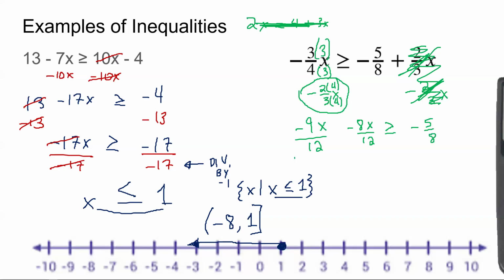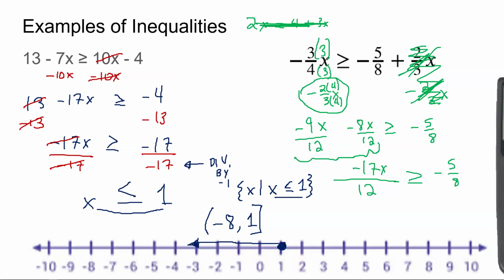Okay. I need to combine these two fractions. We already got a common denominator, so that common denominator is 12. Going across the top, I got negative 9x, negative 8x, which would be negative 17x. And I have not multiplied or divided by a negative number. Keep the mark going the same way. I've got this.